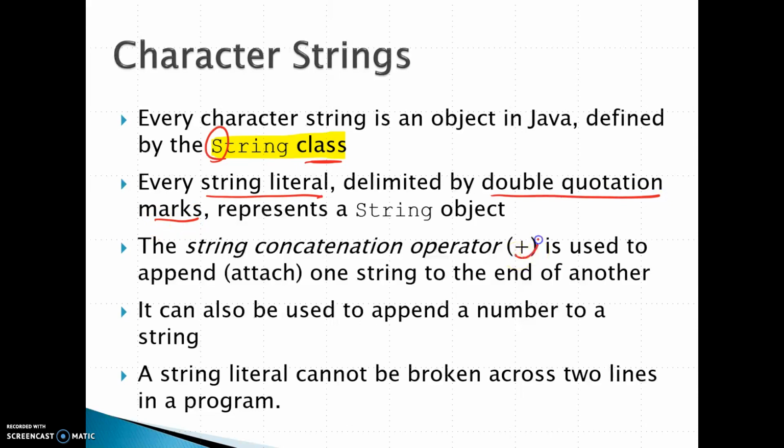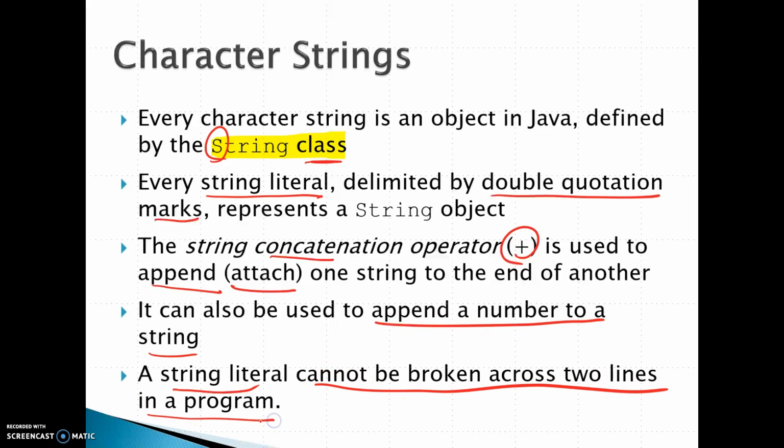We can use the plus sign to concatenate, or append, one string to the end of another. It can also be used to append a number to a string. Now, a string literal cannot be broken across 2 lines in a program. And these are all things that we will better understand as we work with strings in our code.